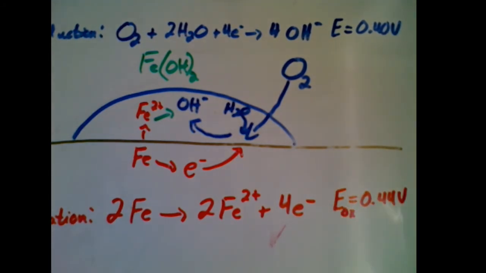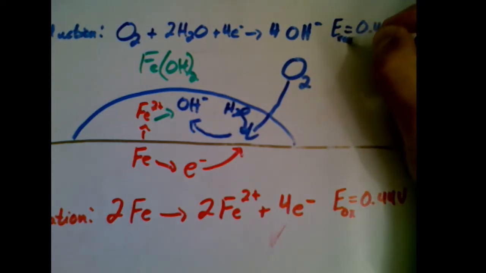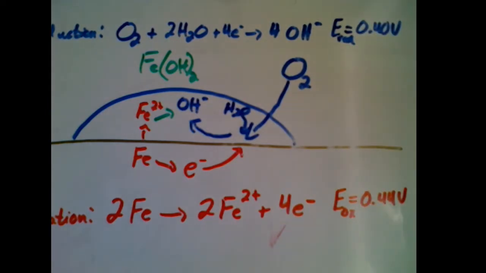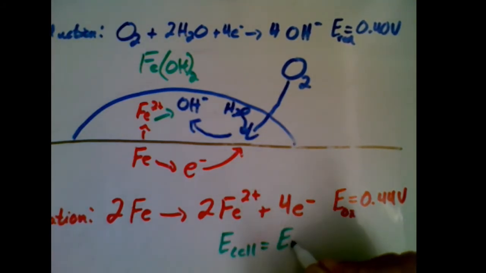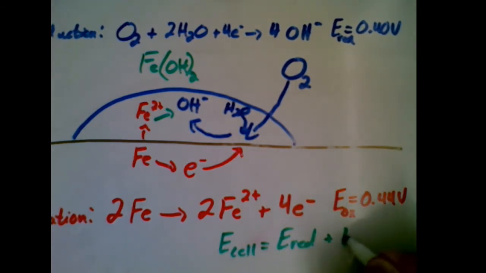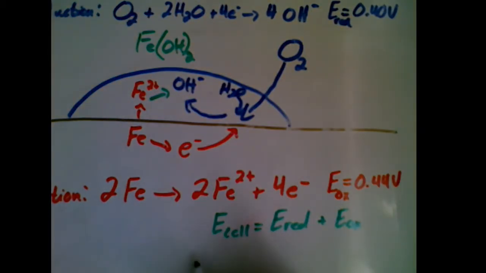If we wanted to figure out the actual voltage of this reaction, we could just add those two values together. We take our reduction and add it to our oxidation. Remember, I flipped the oxidation, which changed the sign. I just did that ahead of time.